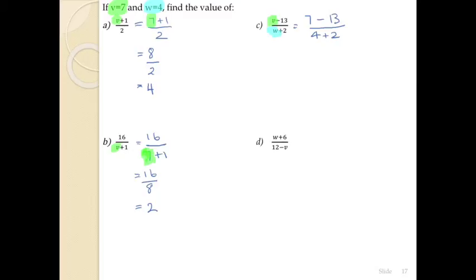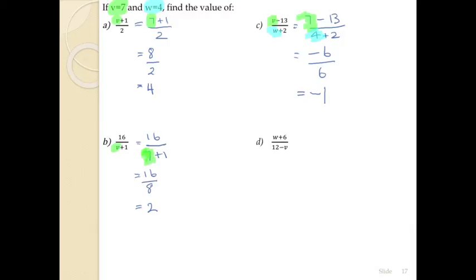So when we substitute those values, you can see here's the v, and here is the value for the w as stated in the question. Now that's going to give me -6 over 6. Now if we have a negative divided by a positive, we get a negative value, and 6 divided by 6 is equal to 1.